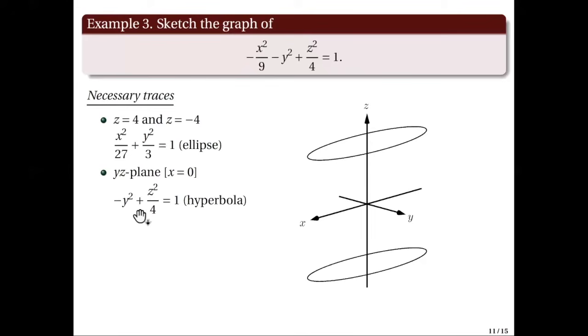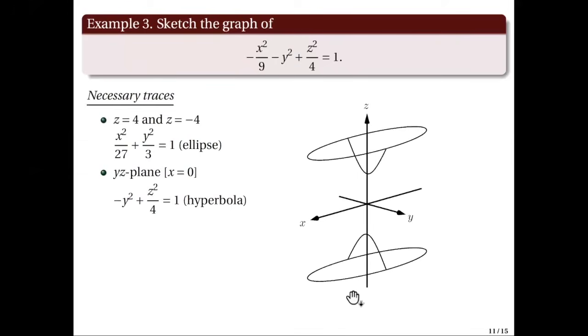The vertices of the hyperbola are located on the axis with the positive coefficient, particularly at the point where z is equal to 2 and at the point where z is equal to negative 2. So 2 on z is here, negative 2 on z is here. So from this point, we draw the hyperbola located on the yz plane.